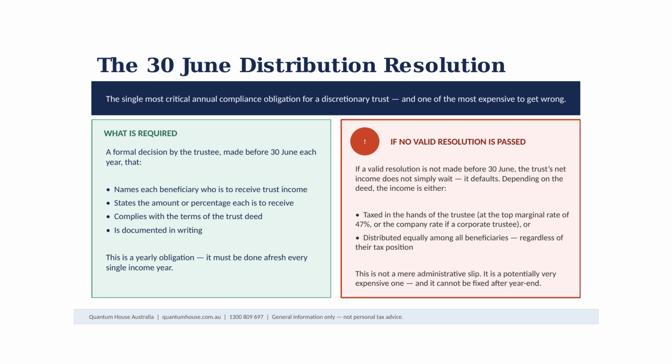This is not a mere administrative slip. It is potentially very expensive, and, crucially, it cannot be fixed after year-end. Once 30 June passes without a valid resolution, the default outcome is locked in. This is exactly why working with an accountant who manages your resolution every year matters so much.